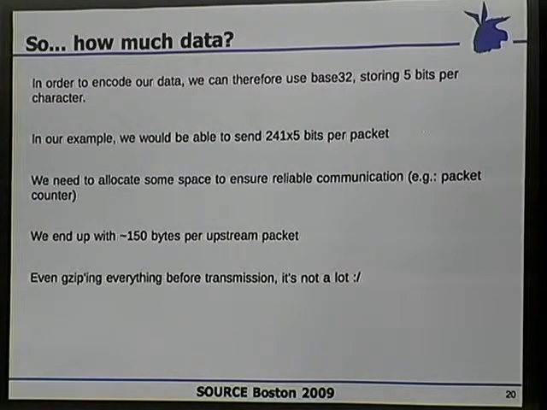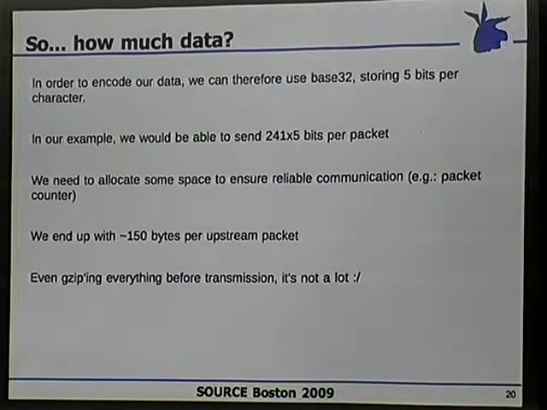The problem with encoding is that we end up with less usable data because we widen it, we spread it. Out of 8-bit bytes, we make 5-bit characters in base 32. In the example before, 241 times 5 bits, which we can transport in each packet, is roughly about 150 bytes, more or less.